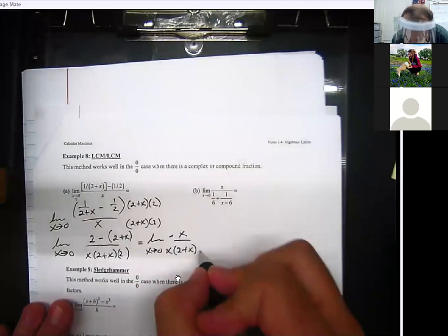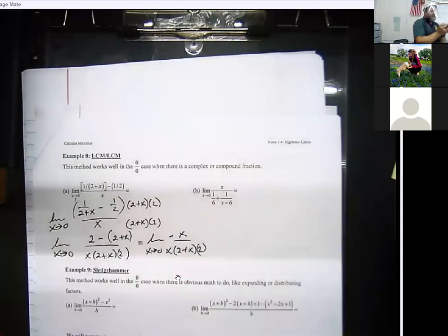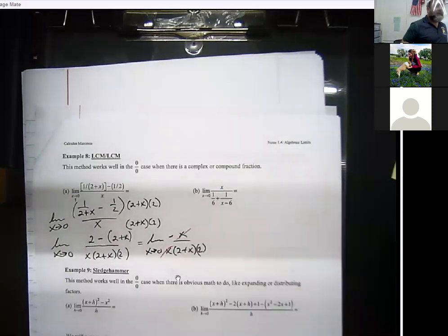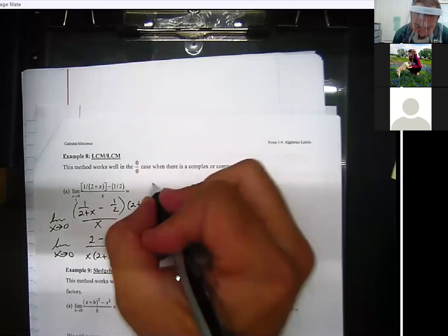So could I now, as long as I promise, and I'm nice, and I don't really truly plug in 0, could I cancel those out? And what's going to happen is I get infinitely close to 0. What's the top? It's negative 1. And what's the bottom?